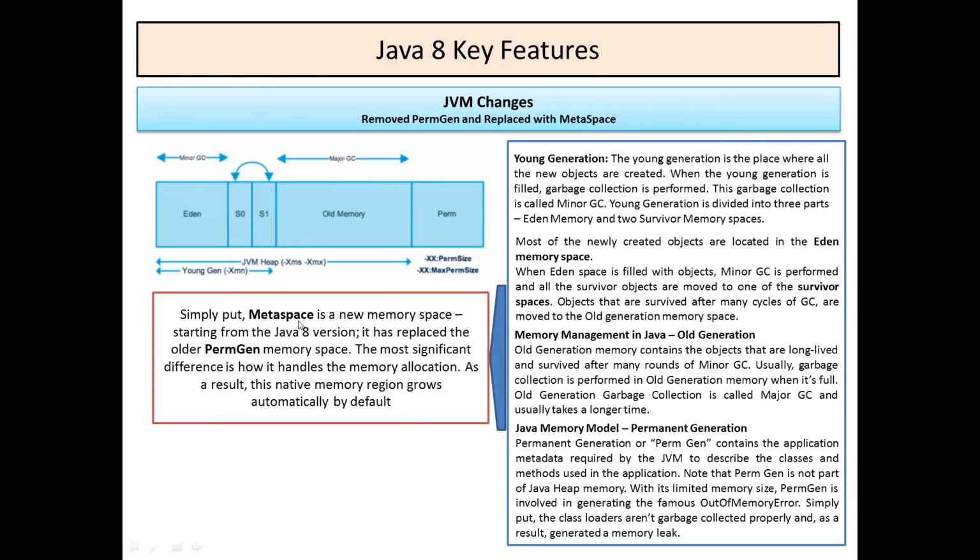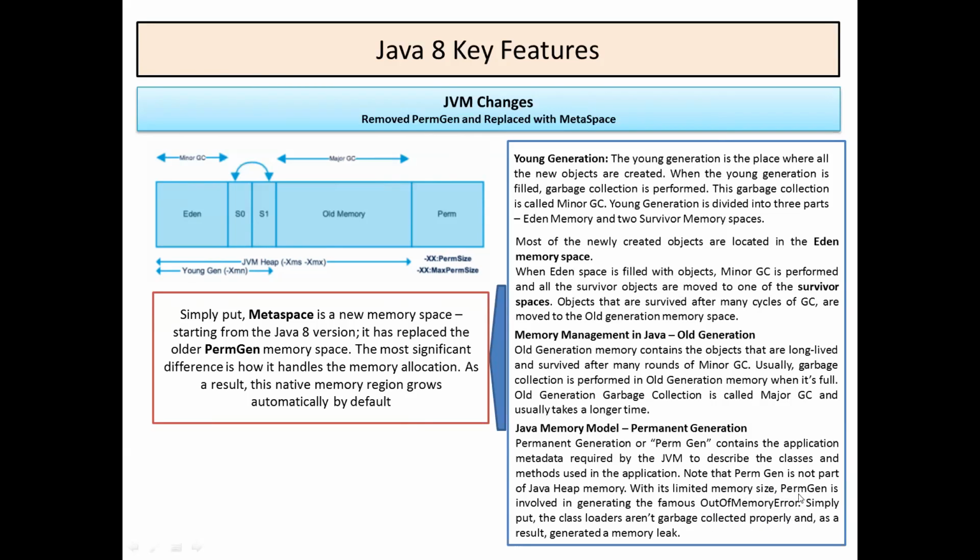So what this meta space does is it gives more flexibility. You can allocate more memory for this meta space, and it can hold more values, and it gives you more advantages compared to the perm gen space. Why I'm saying this is, if you have worked on any Java projects, you would have seen a famous error called out of memory error. If you have worked on any real-time projects, definitely you would have seen this error at one time or another.